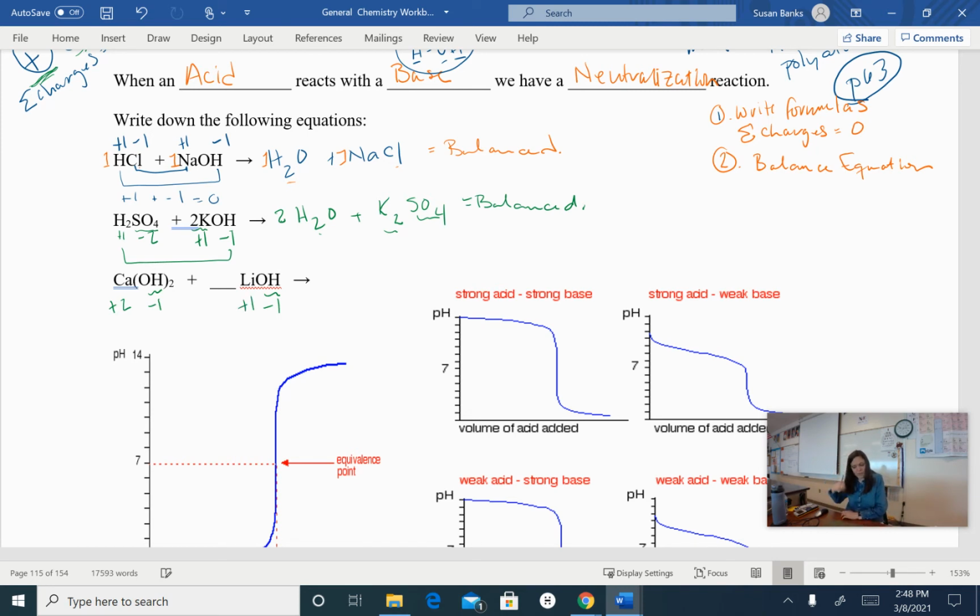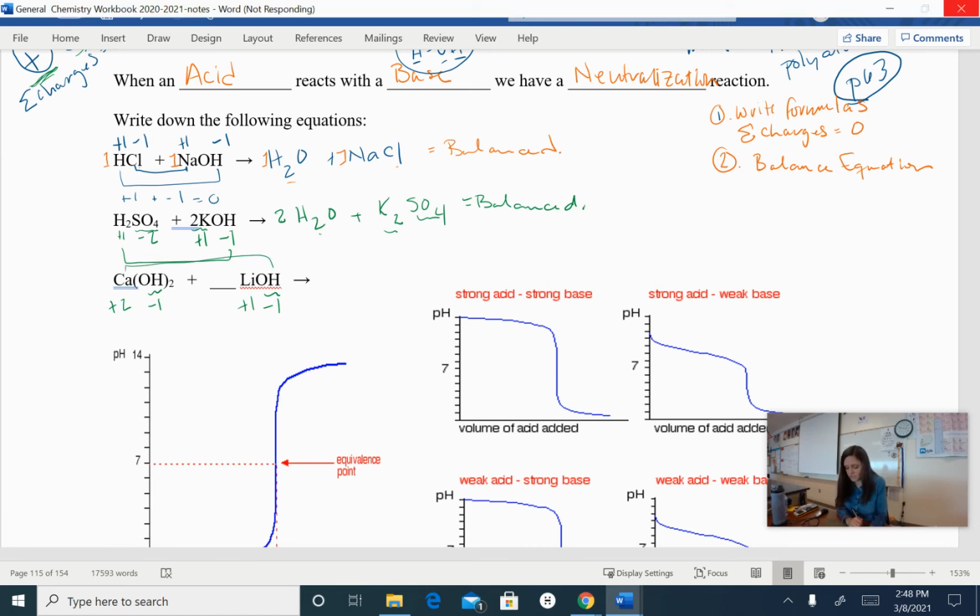All right. Now, here we go. Now, both of these are hydroxides. So calcium, the only other thing that it can get together with that is negative is also a hydroxide. Is that really going to change anything? Not really. So, a calcium is a +2, and hydroxide is a -1.